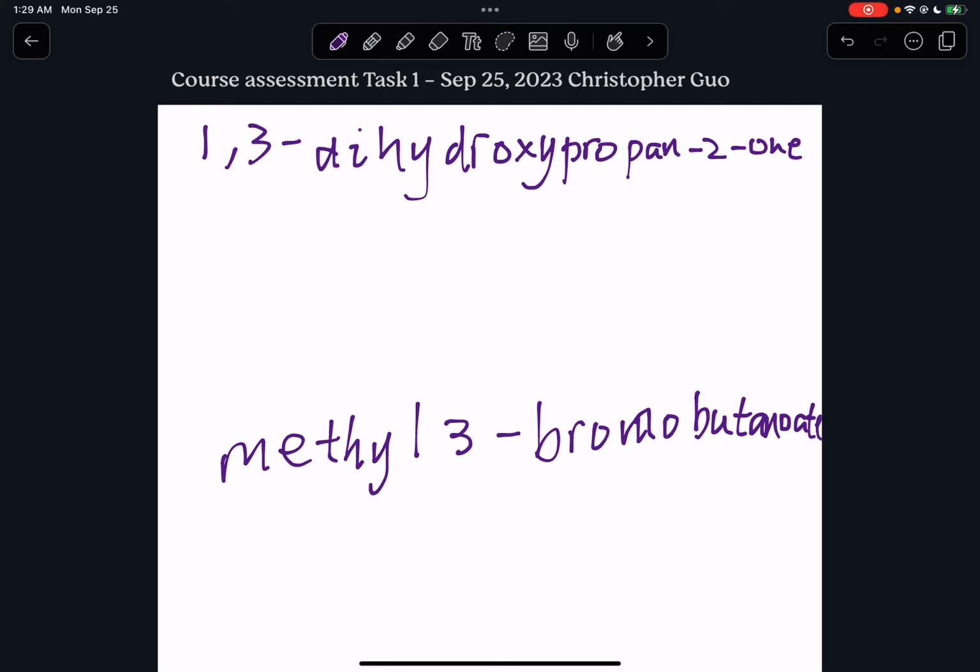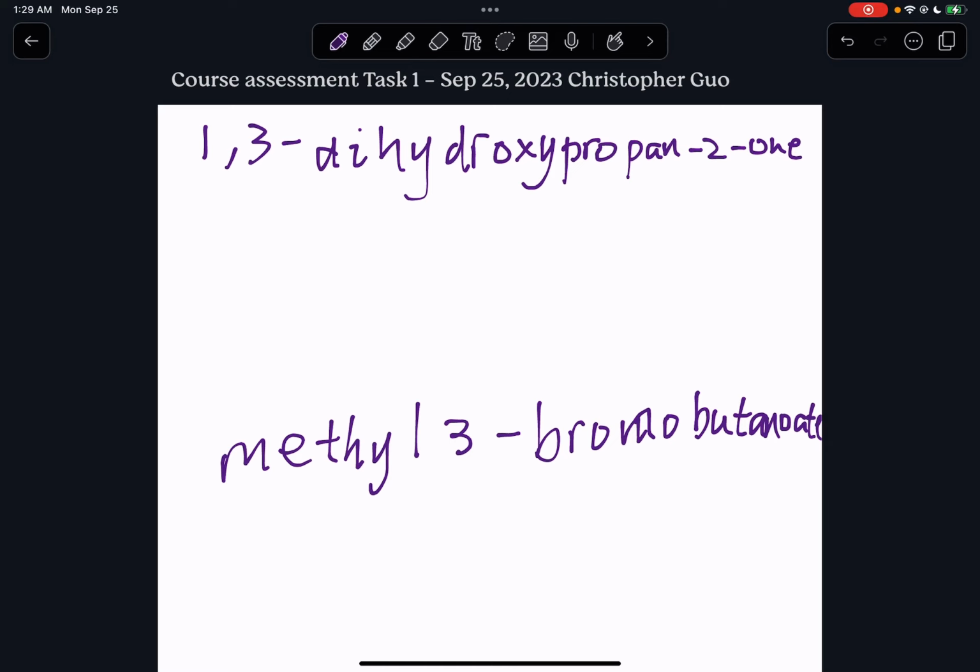Today we're gonna go through a couple examples based on organic chemistry. So first off, we have 1,3-dihydroxypropan-2-one.